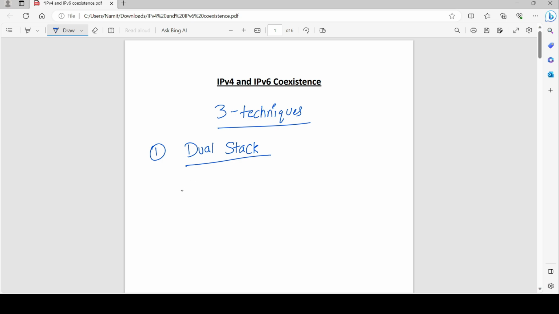What happens in dual stack is that a dual stack allows IPv4 and IPv6 to coexist on the same network segment or network environment.